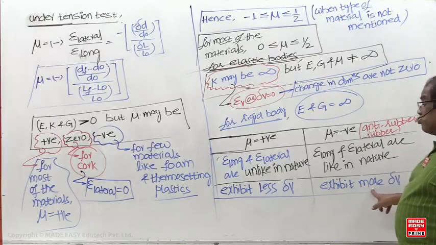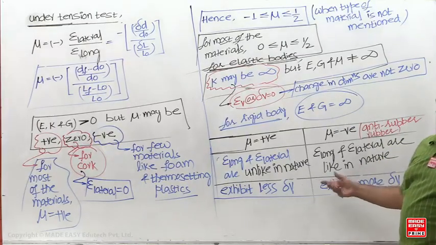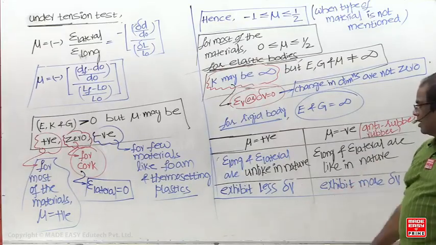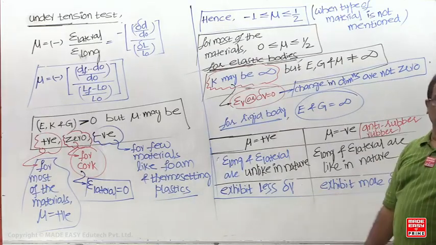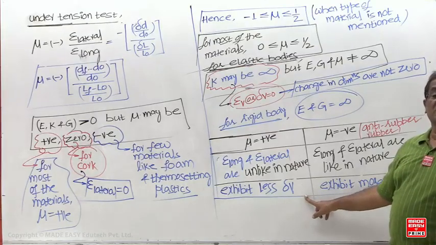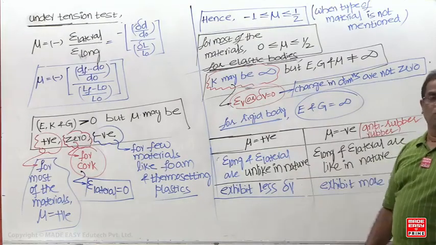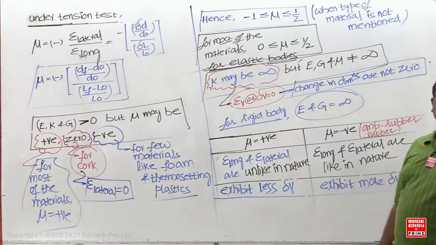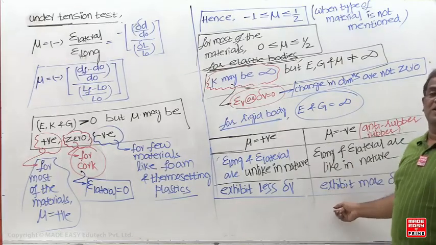And the others are exhibiting more change in volume, so less resistance to deformation under normal loading now. Volume changes depend upon the normal loads. So these materials will exhibit more resistance to deformation under normal loads, and those will exhibit less resistance to deformation under normal loads.